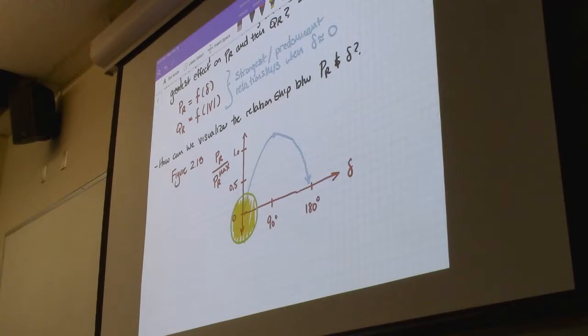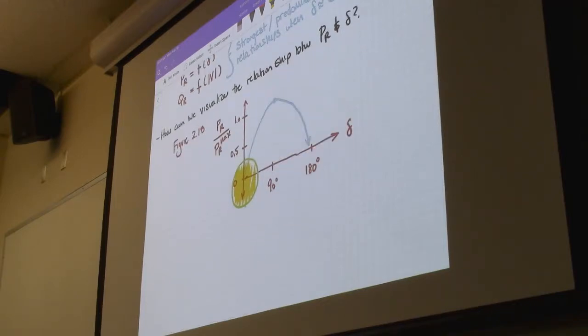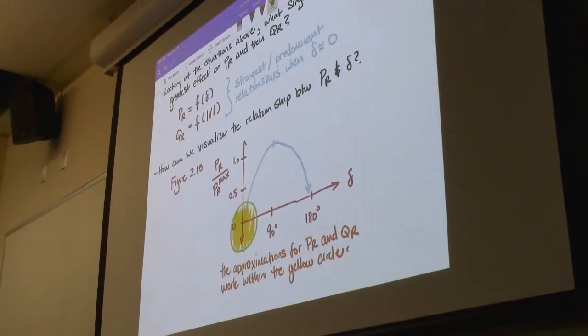So these two equations, the approximations that we define right here, those are going to work inside of the yellow circle, only for when the delta values are relatively small.